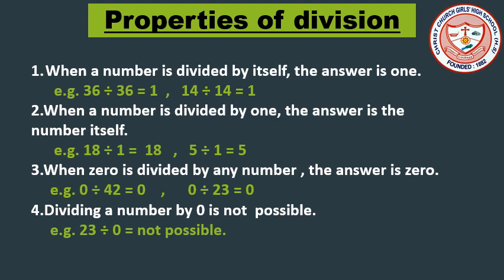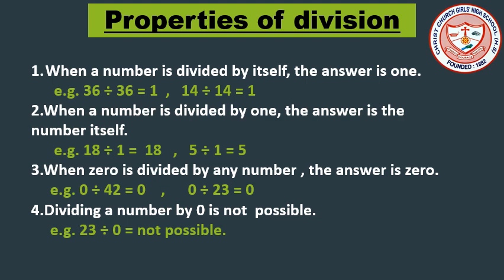Yes, we know 18 ones are 18. So the answer will be 18, the number itself, right? Similarly, 5 divided by 1 is 5.